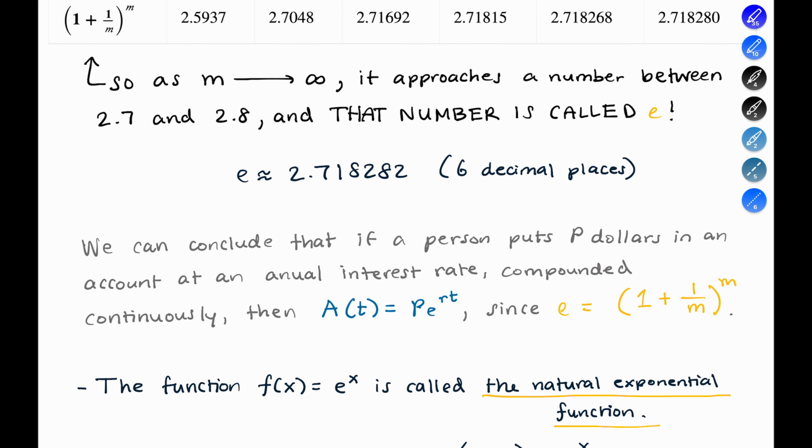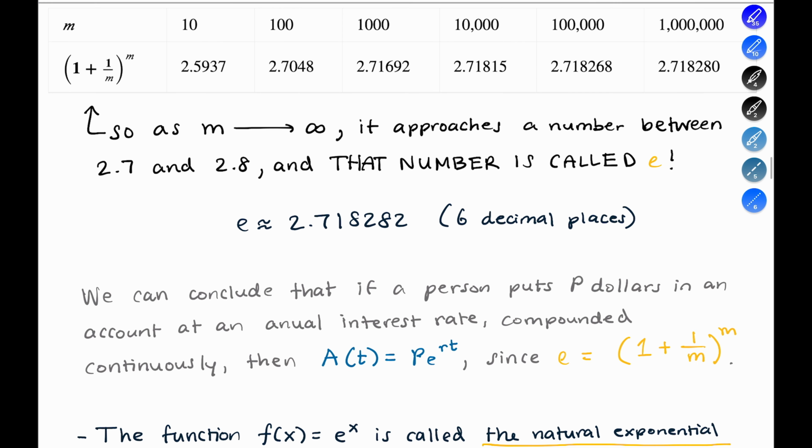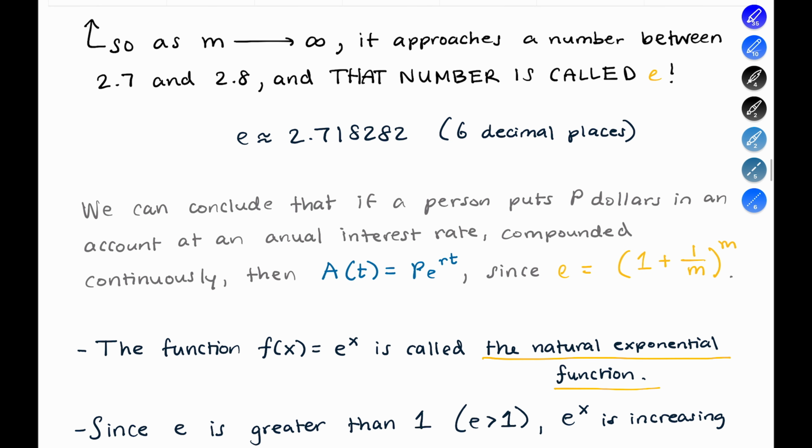We just substituted for that, and because it goes to infinity, it is known as this value. So this is our main equation that we use for interest rates that are being compounded continuously.